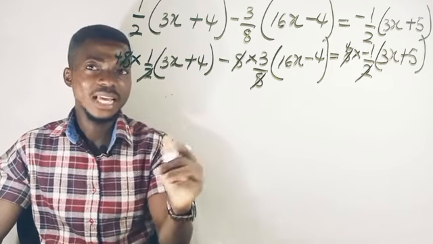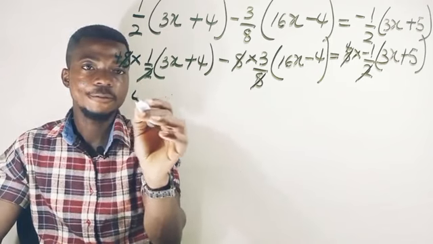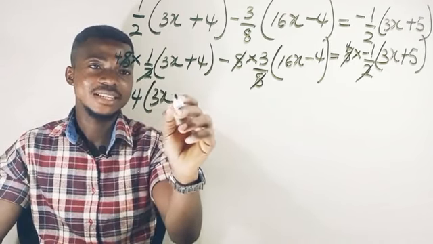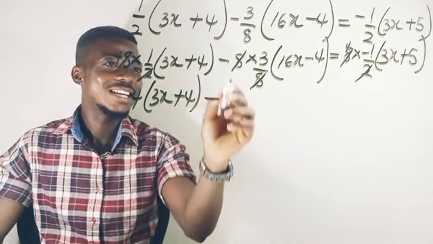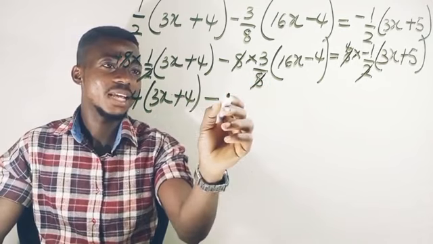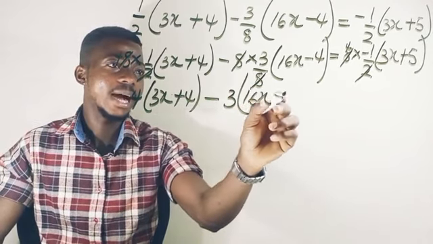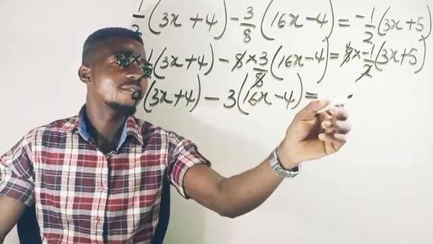So we're going to write everything again to make the work clearer, all right? So this is how it's going to be. You're going to have 4, then bring this one in a bracket, 3x plus 4 minus, here you've canceled out the 8, so you have 3, 16x minus 4, okay? Equal to what you have here, you have 4.